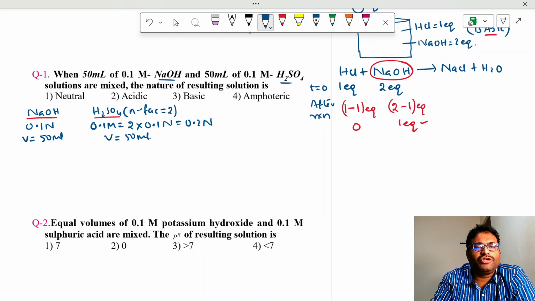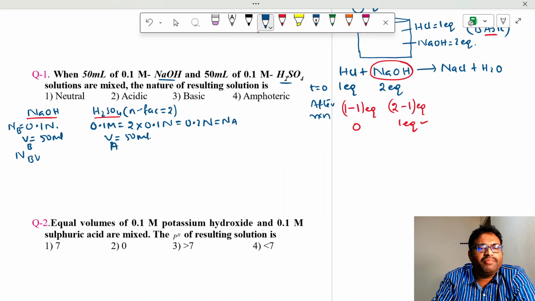So let me take H2SO4 as the acid. Normality of the acid is 0.2 N. NbVb is 0.1 into 50, that is equal to 5.